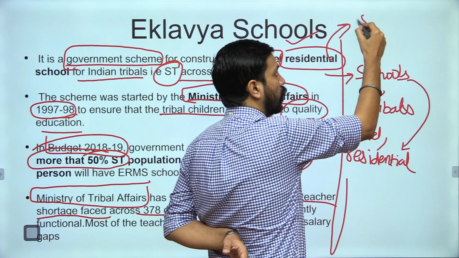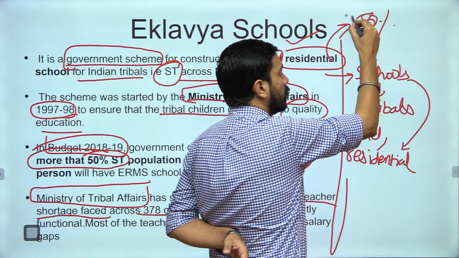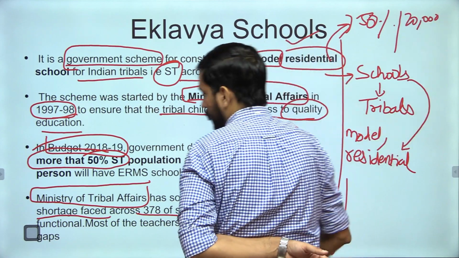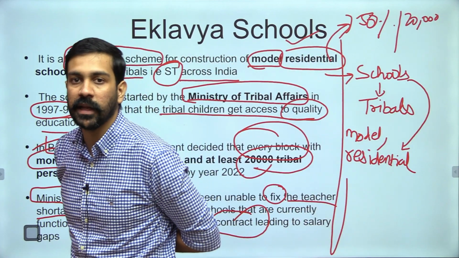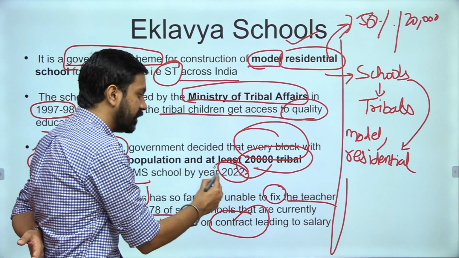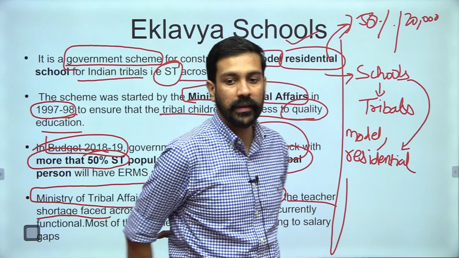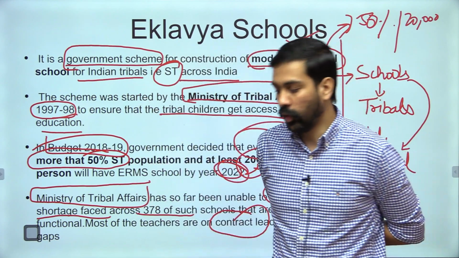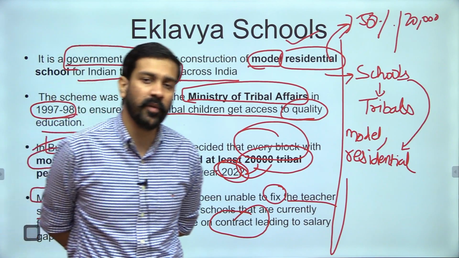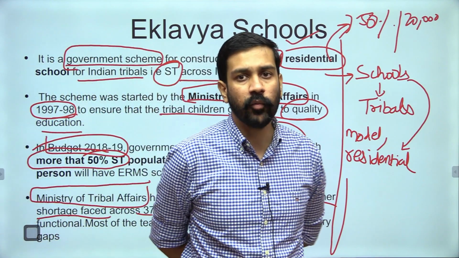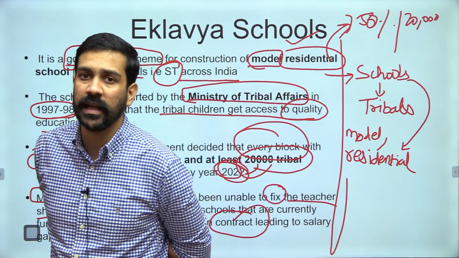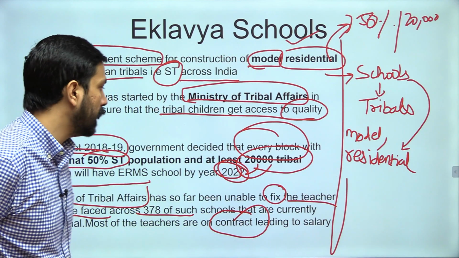That where more than 50% or 20,000 tribals are living in any block of the country, that area will have the Eklavya model residential school by 2022. So this can be asked in your prelims exams, but we will go a notch further and also discuss the various issues or challenges with respect to tribal education.